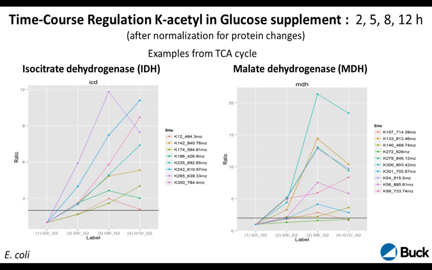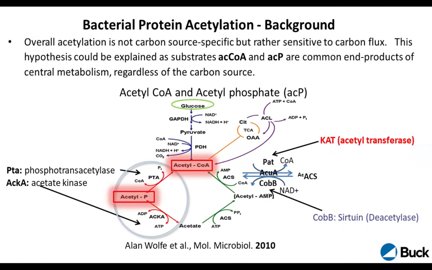But I wanted to show you a couple of different examples, and Matt referred to this earlier. These antibodies work on mouse, they work in bacteria, and I wanted to show you one slide, since we work a lot on protein acetylation in a bacterial background. It's interesting because in bacteria you have different mechanisms. There's acetyl-CoA, and there's also acetyl phosphate, which doesn't exist in mammals.